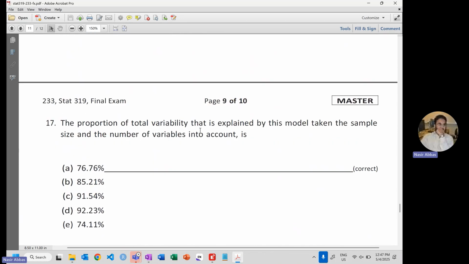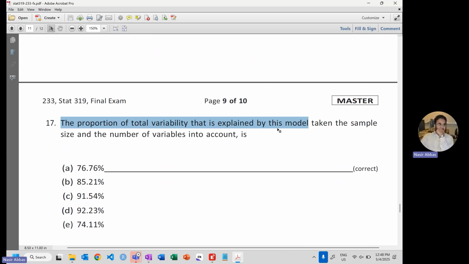The proportion of total variability that is explained by the model. What does this statement mean? This part means R square, the proportion of variation that is explained by the model.